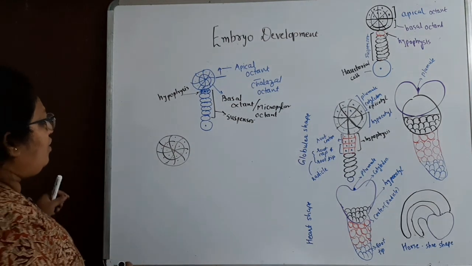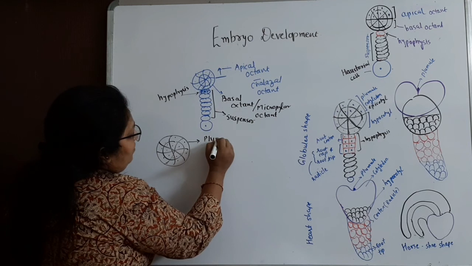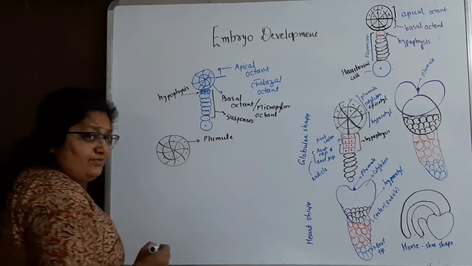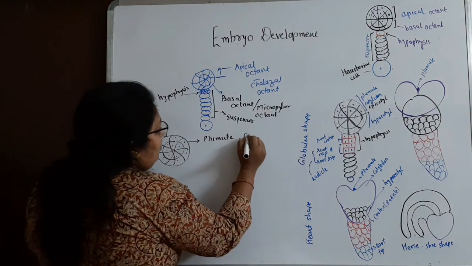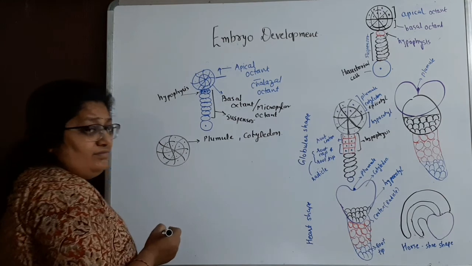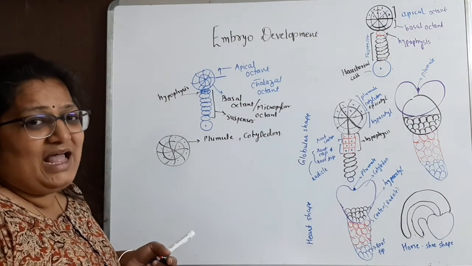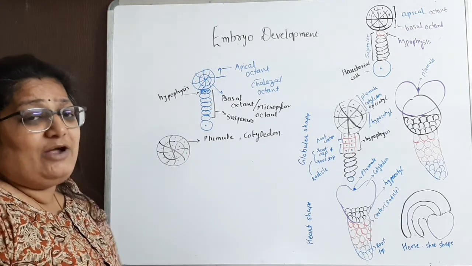From the apical octant, remember, the plumule, which gives rise to the shoot system, and the cotyledon. Why cotyledon? Obviously the seed has to form, so cotyledons will form. This is the development of a dicot embryo.